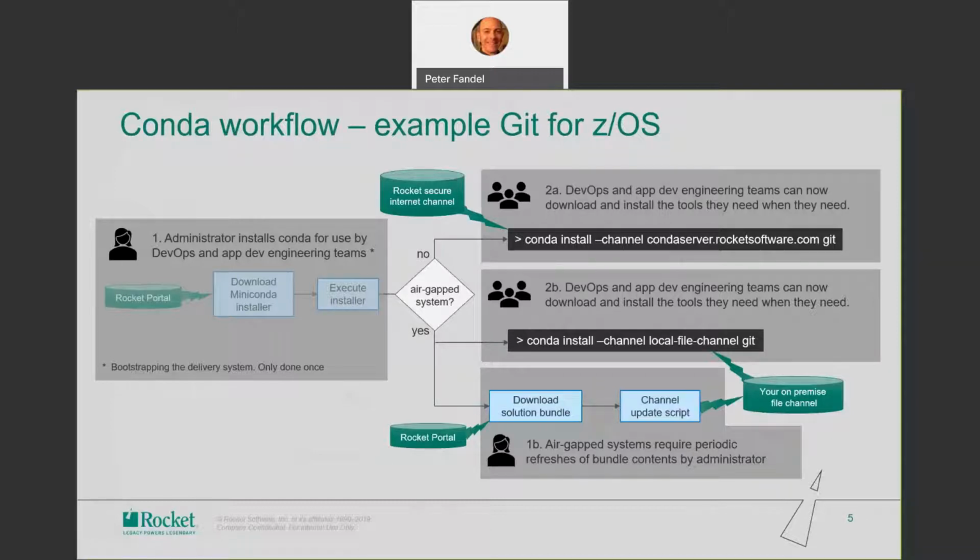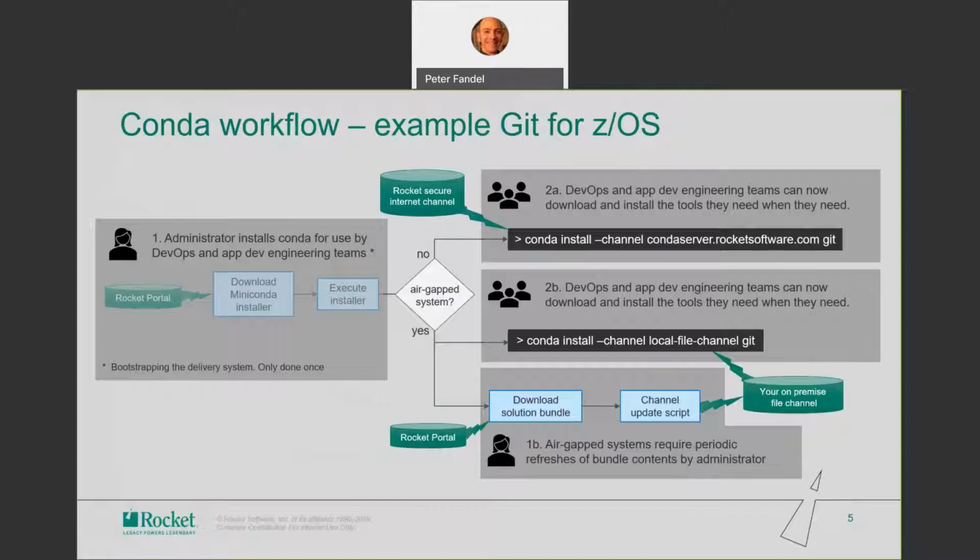Anybody can go to the Rocket support portal, you don't need to be a customer, and download the Miniconda installer, transfer that onto your mainframe and run the installer, and that will enable you to then run Conda commands from your system. From that point onward, it depends on whether you are using an air-gapped system or not.